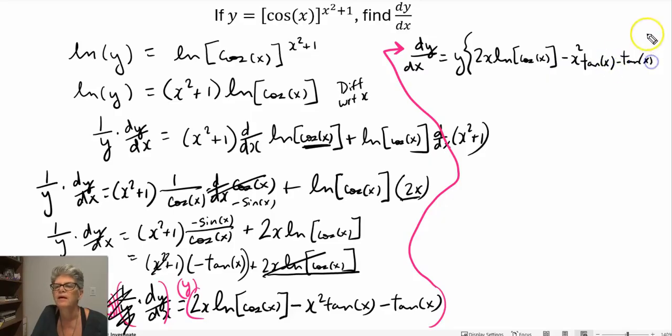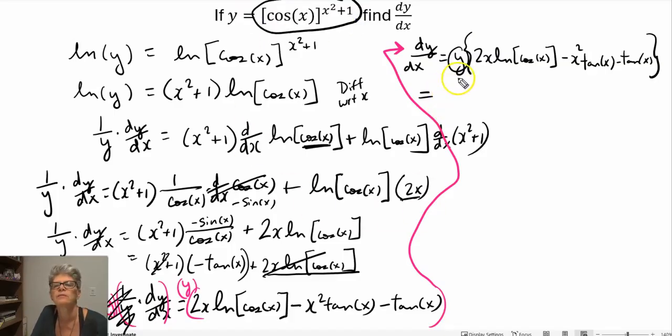Now I'm not done. Why am I not done? Because my answer has to be all x terms, and that has a y in it. So what am I going to do? Instead of y, I'm going to write it like that.